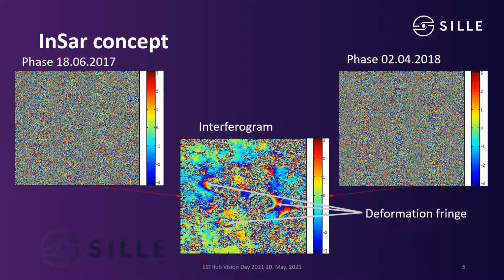I have to mention that SAR is a relative measurement, so a reference point always has to be chosen that, as we assume, is not moving relative to other points.